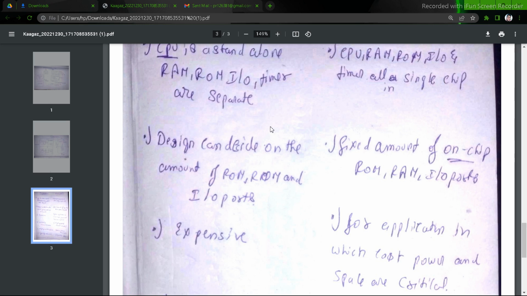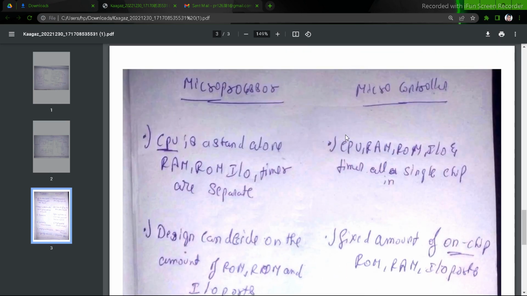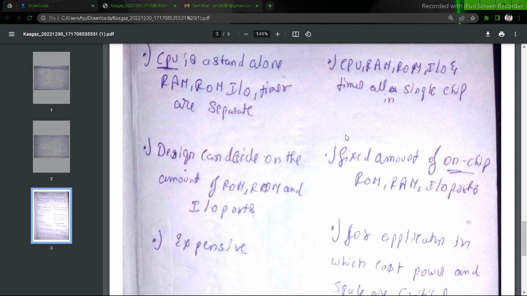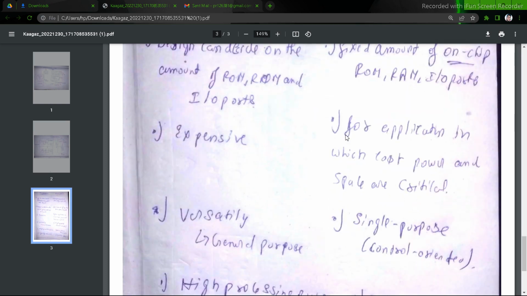If you want to boost up the RAM, you can add extra RAM to it. So it can be modified. Whereas a microcontroller can't be modified. It has a fixed amount of on-chip memory, RAM, ROM, and input output.